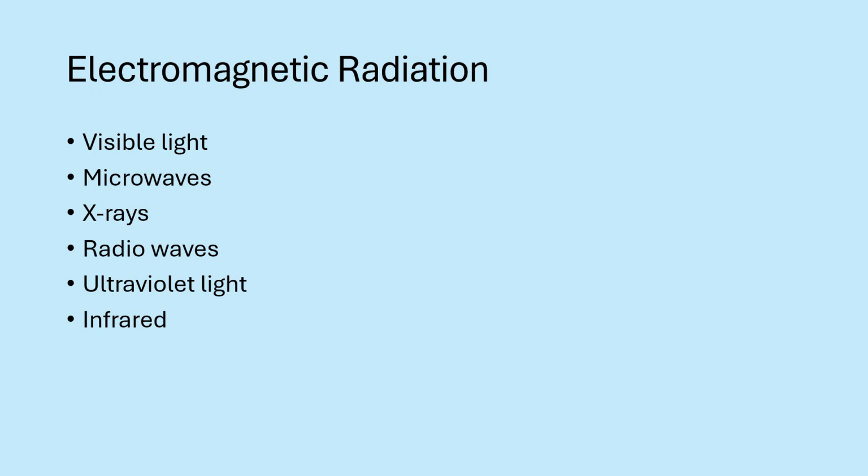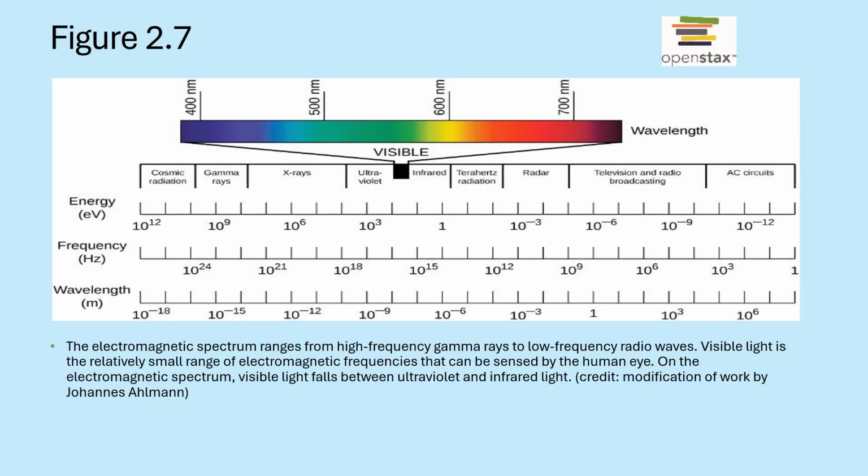There are different types of radiation. When we are talking about the microscope, usually in a standard lab we are just dealing with visible light. But there are also microwaves, X-rays, radio waves, UV light. Sometimes we use UV light for certain things in microbiology, and also infrared rays.